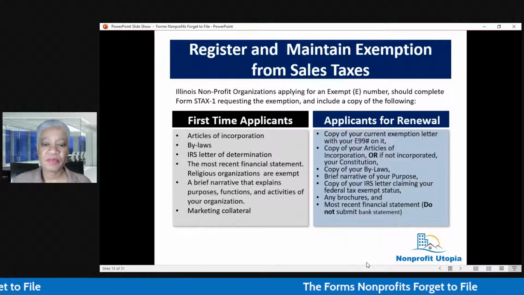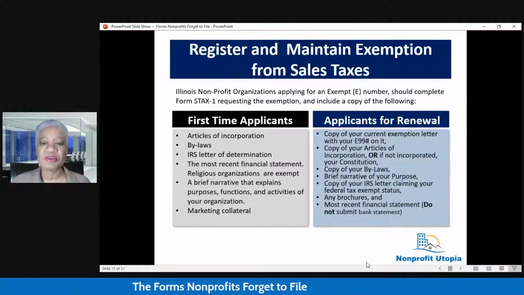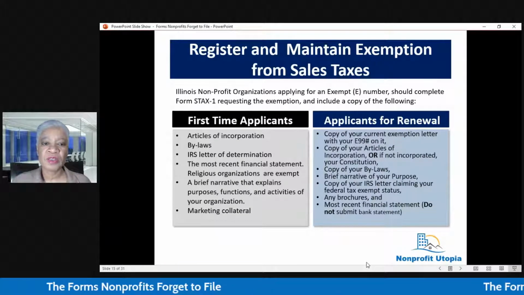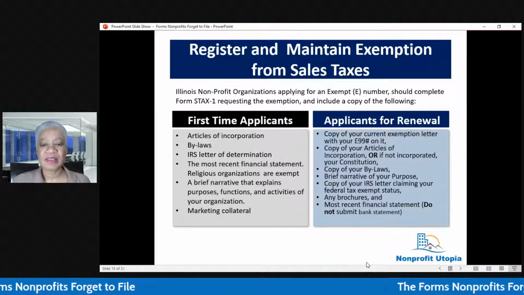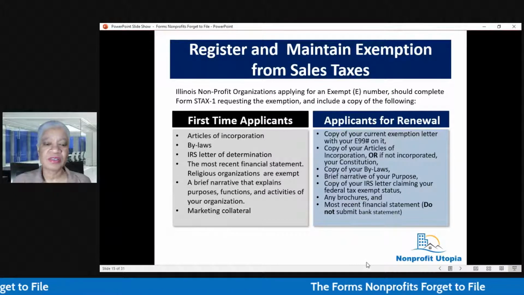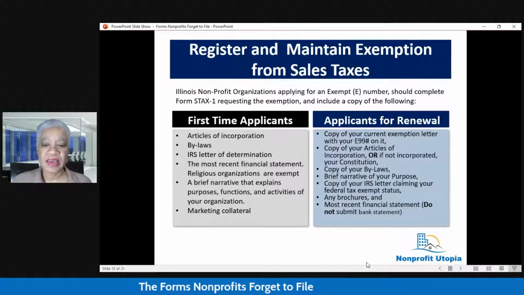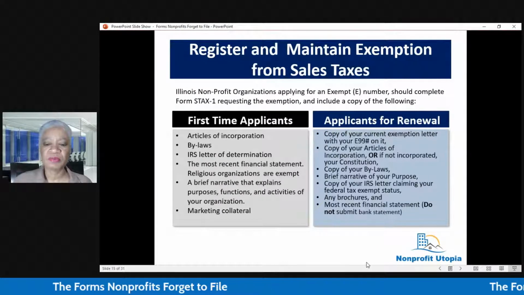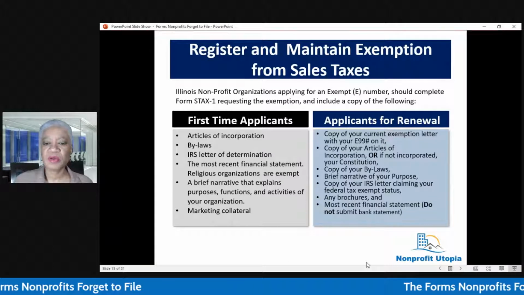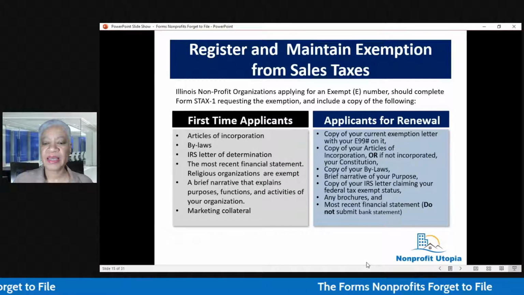All right. So if you want to renew this, and you have to do this every year, you have to follow the same instructions as you do for first time applicants. But in this case, you're going to include your E99 number.